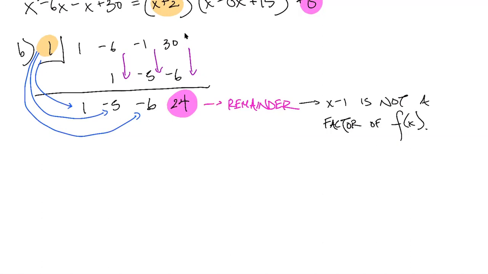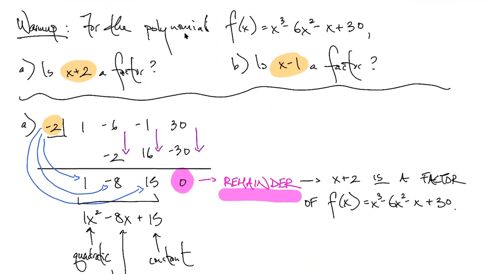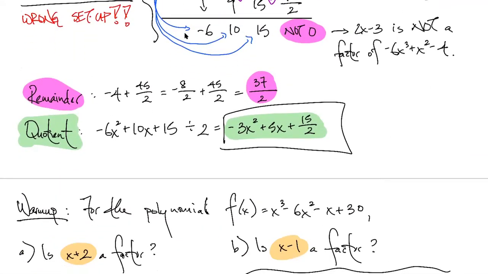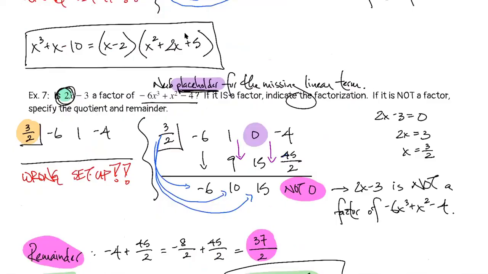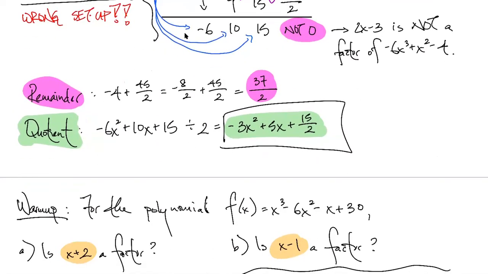Okay? Now, if we go back to the notes, if we get not a 0, then what I want you to identify is tell me what your remainder is and tell me what your quotient is, okay?